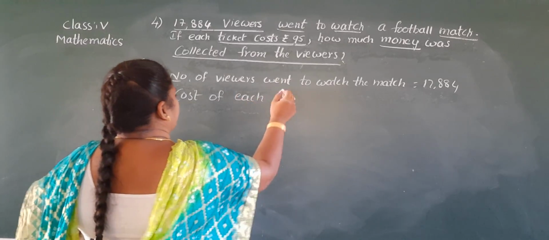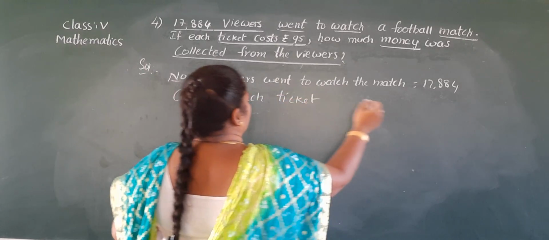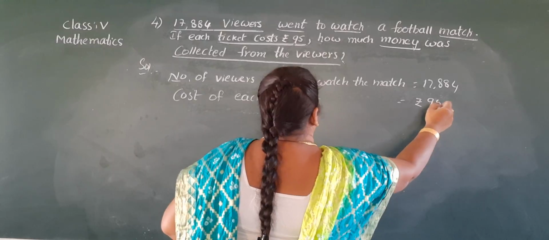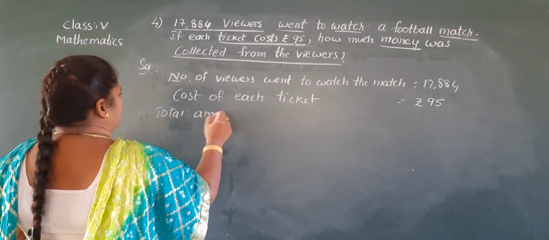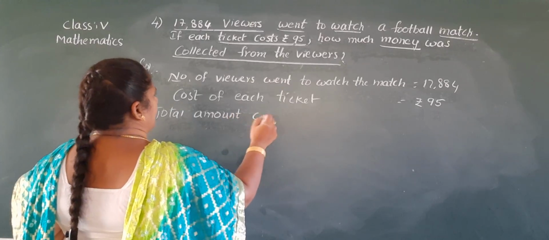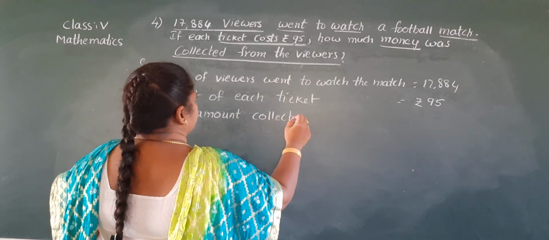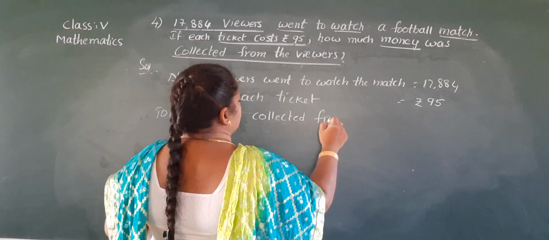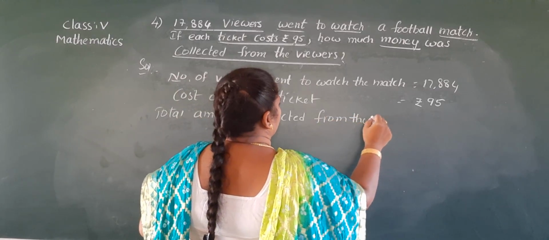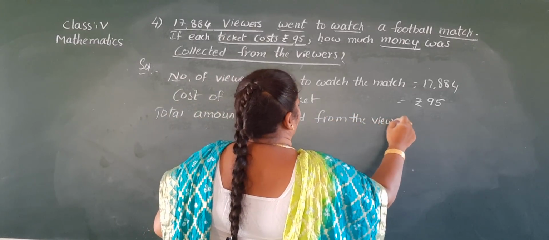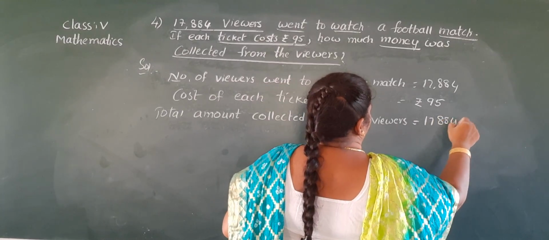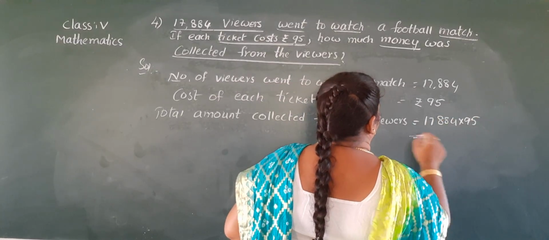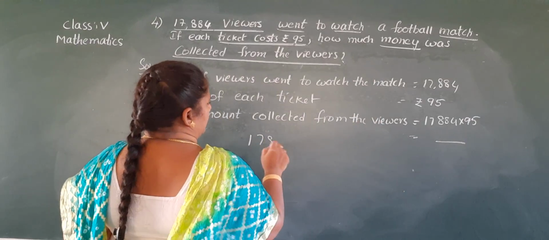Cost of each ticket equal to 95 rupees. Now we have to find the total amount collected from the viewers. Viewers equal to, we multiply 17,884 into 95. We do this multiplication on the side.